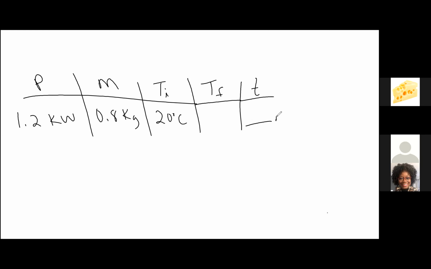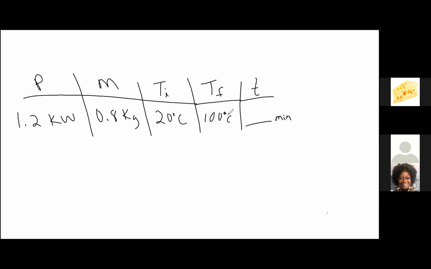So the question was, how many minutes would it take to heat this water from room temperature to boiling point? And now we know that the boiling point, the final temperature on the Celsius scale, is 100 degrees Celsius. Now we know that.